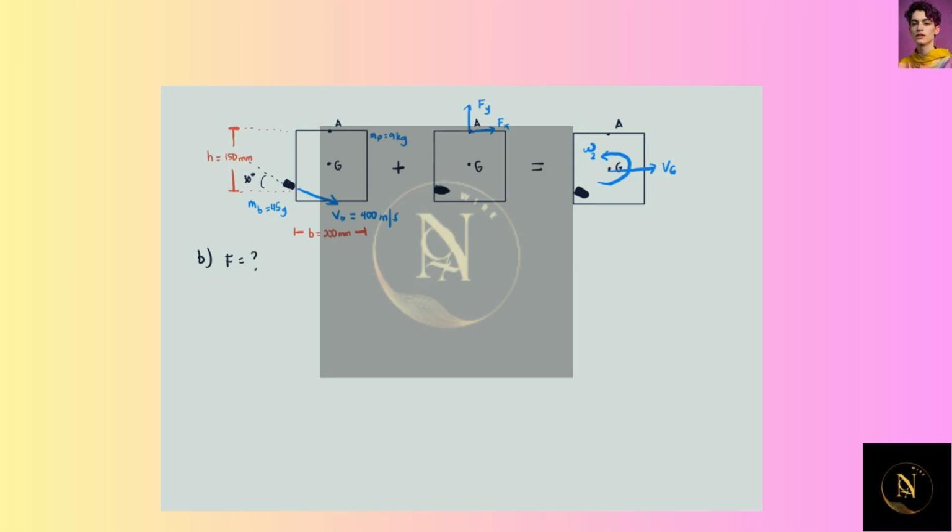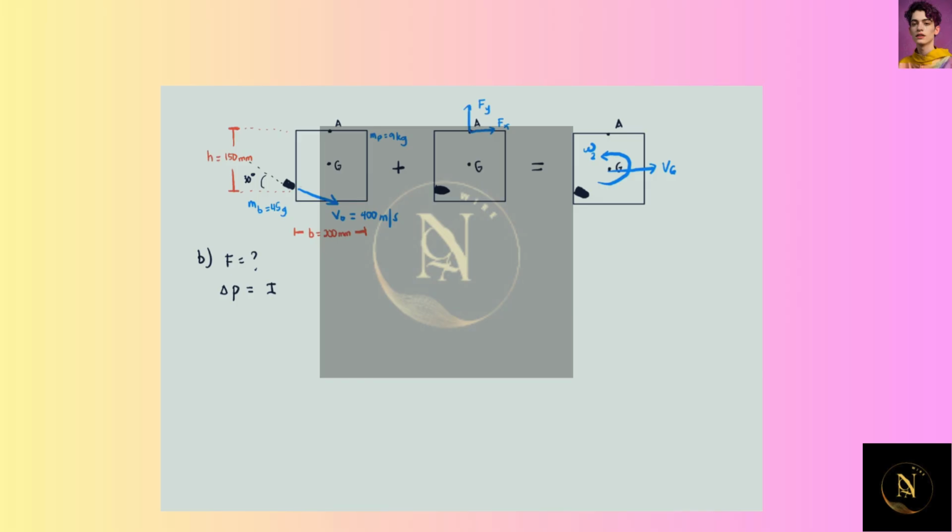So kindly refer to our sketch to see where F is here. To solve for this, we will apply the impulse momentum theorem, which states that the change in momentum is equal to the impulse. So take note that the impulsive reaction force here is two-dimensional, as you can see in the diagram. So we'll have two equations, one for each axis.